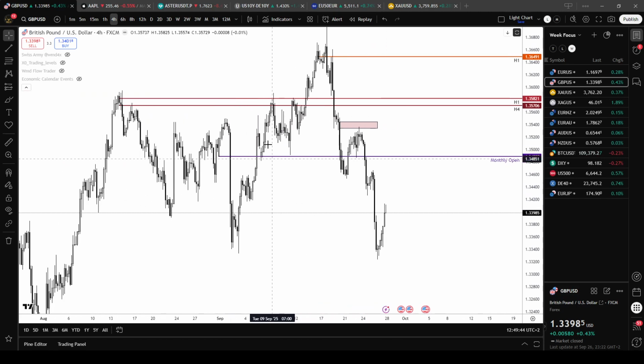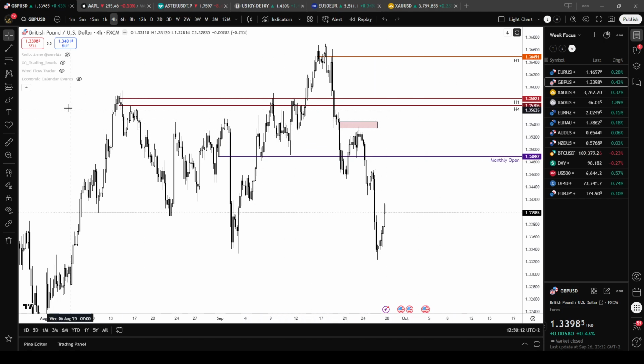I'd much rather play the shorts on Euro USD because I think it's a cleaner short for now, and the pound has been punished already more than the euro. This is why I think the euro is also kind of extended against other pairs, Euro AUD, Euro New Zealand, and Euro JPY.